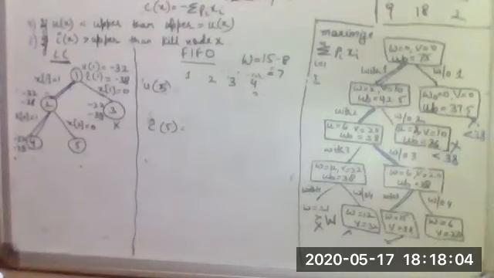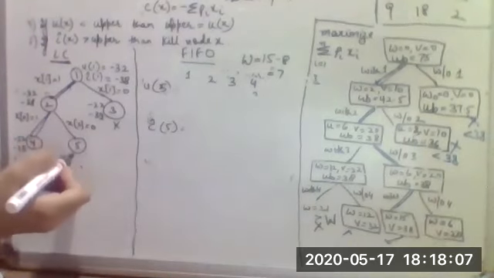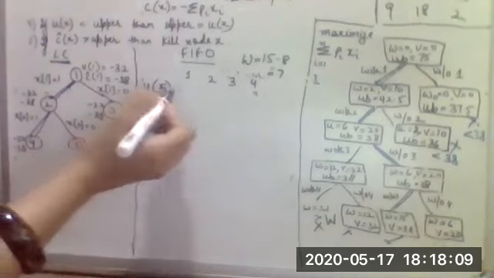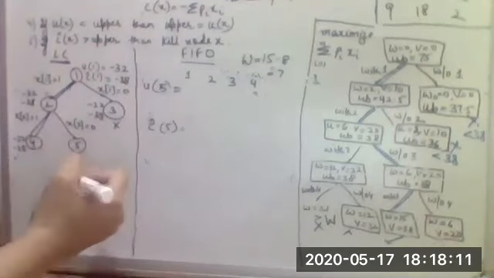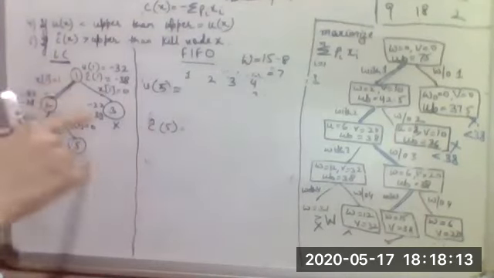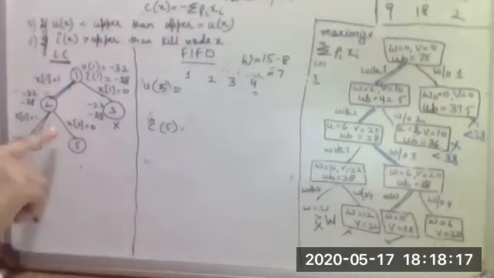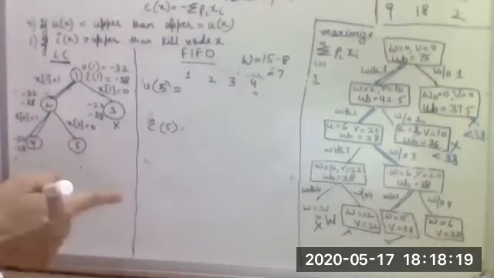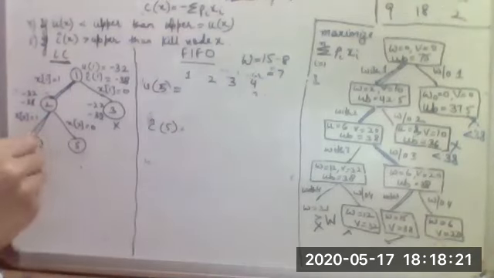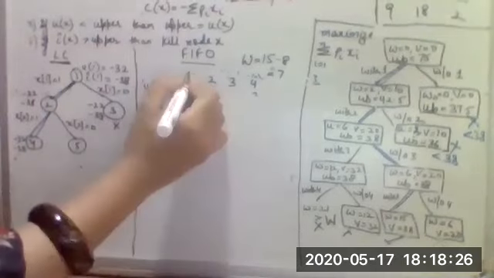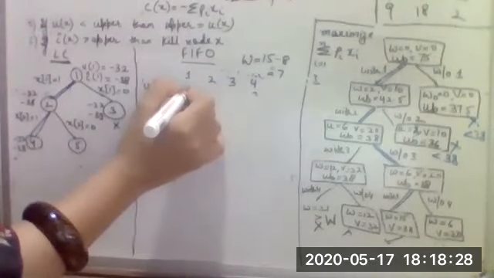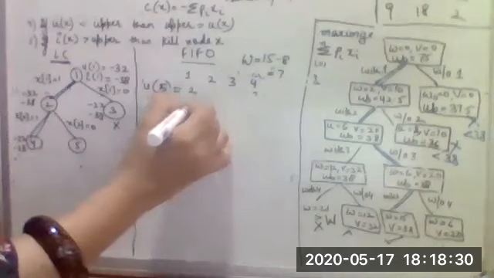Okay. Now for this fifth node, the U function, the upper bound function, will be the summation of elements when the first element is included and the second is not included, and then based on the knapsack capacity, the third and fourth elements may or may not be included. So for the first element, because it is included, the weight value is 2 and the profit is 10.